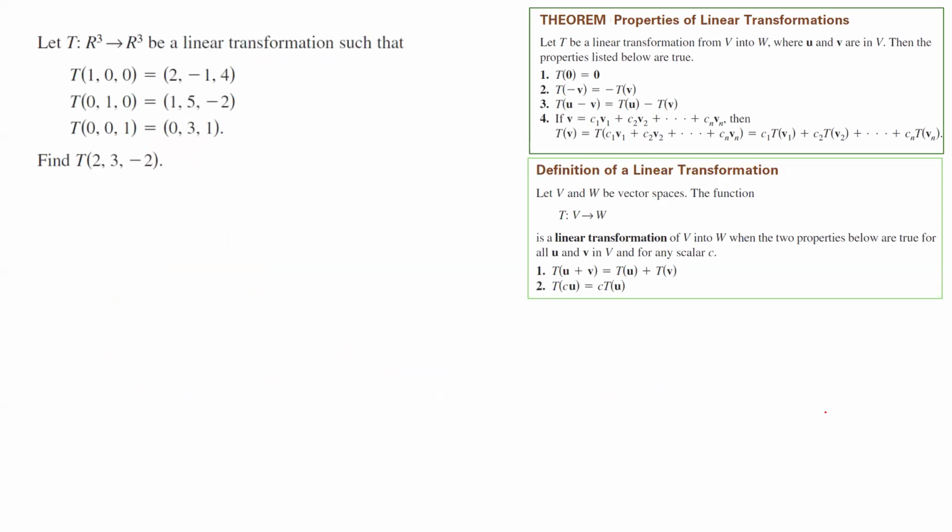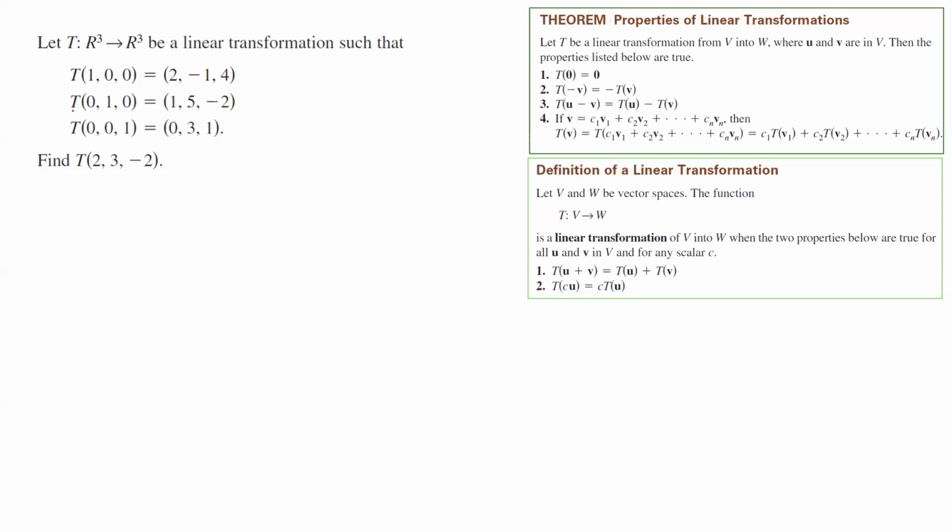For example, consider this linear transformation. T maps the space to the space. Suppose it has the following properties. If you plug in (1, 0, 0), as you remember, the standard basis, into this linear transformation, it gives you (2, -1, 4).